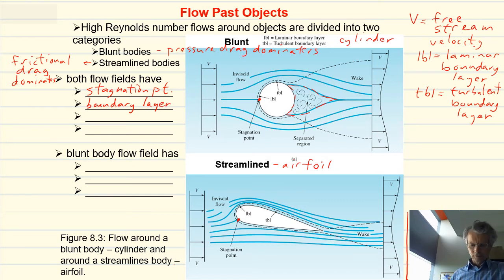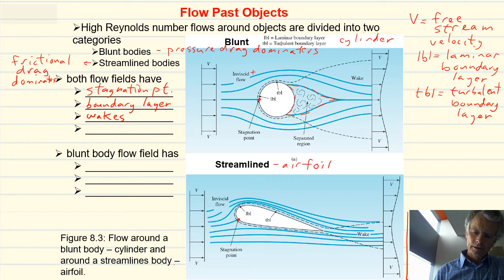So that's the thin layer inside the dashed line that encompasses the region where the effects of viscosity are important. If you get far enough away from the object, like out here next to this little label, you would have inviscid flow.